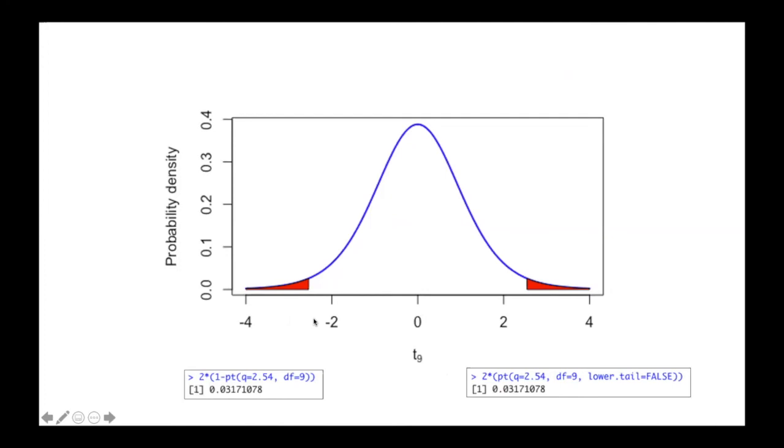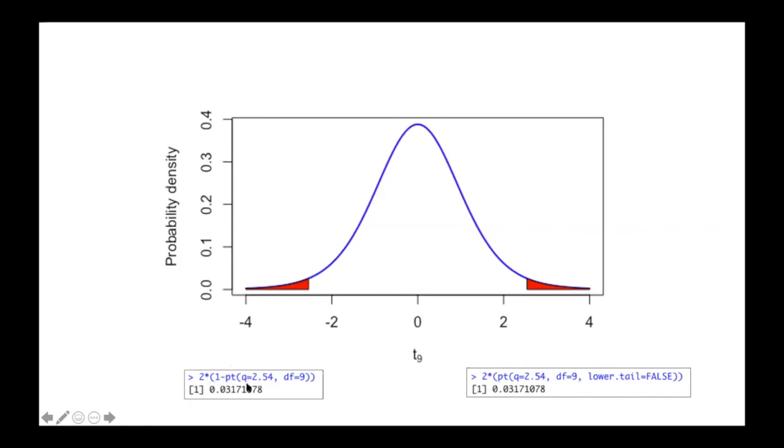The reason we're considering both tails is because our alternate hypothesis didn't have a specified a priori direction, and so we're performing a two-tailed statistical test. Now we can directly calculate these areas using the pt command, as I mentioned before, where this is our test statistic and these are our degrees of freedom. We're interested in the area to the right of our test statistic and not the left.